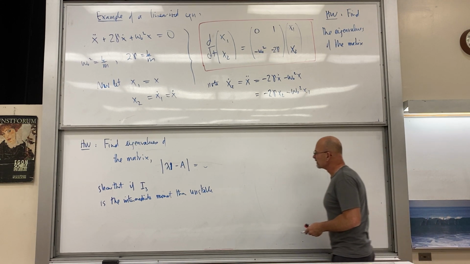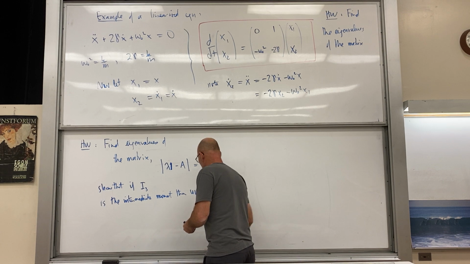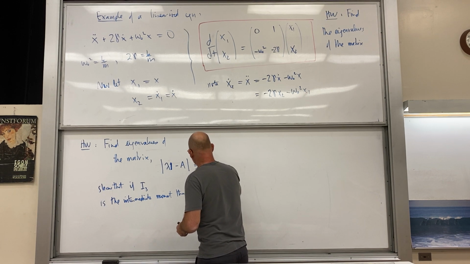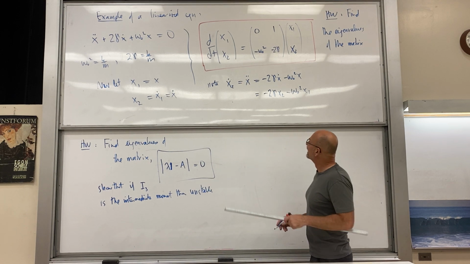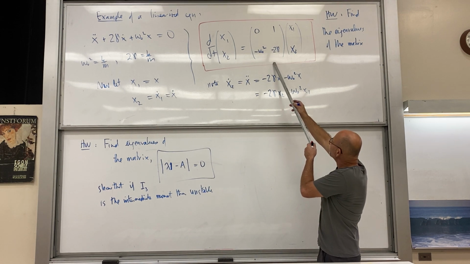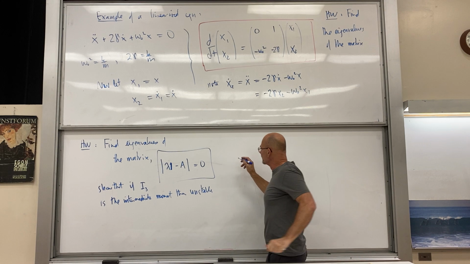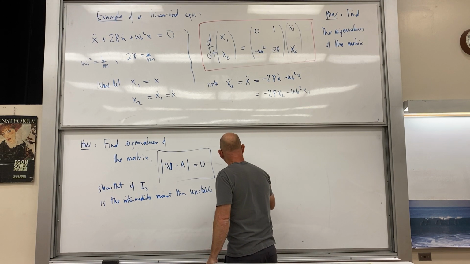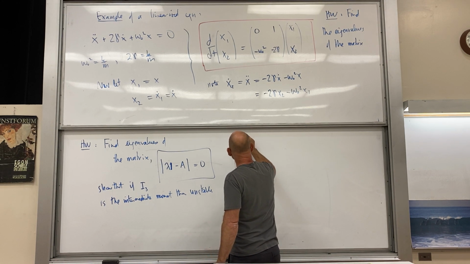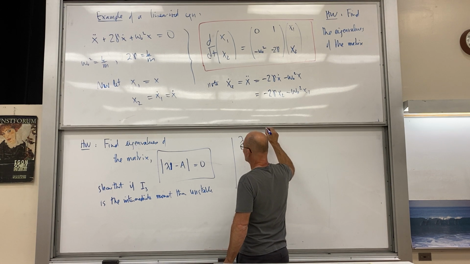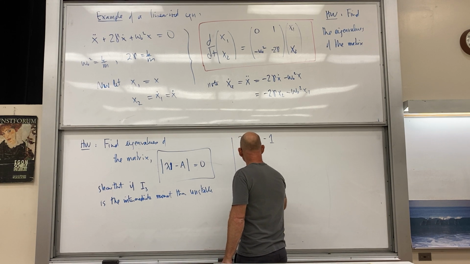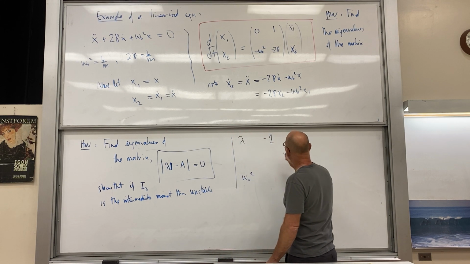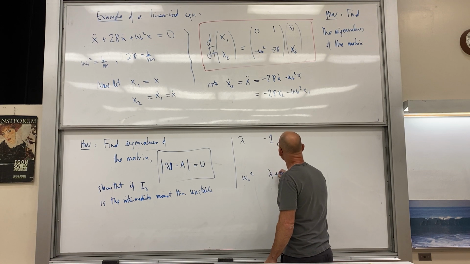So again, we're looking for precisely this: lambda times 1 minus A. In this case, since that's our matrix A, we would have the determinant of lambda minus 1, omega naught squared, lambda plus 2 gamma.